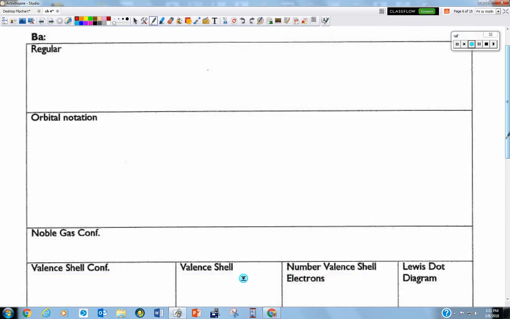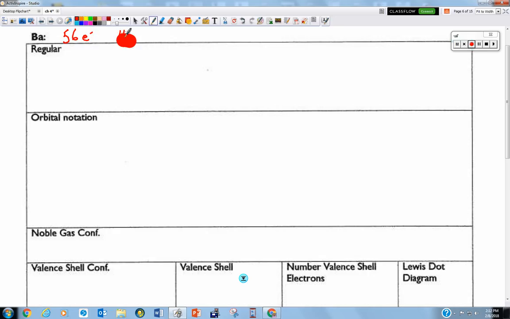And again, I'm not going to flip back to the periodic table on this one. Hopefully you'll have a periodic table going through. So we are looking at barium now. Barium is element 56, so we have 56 electrons.